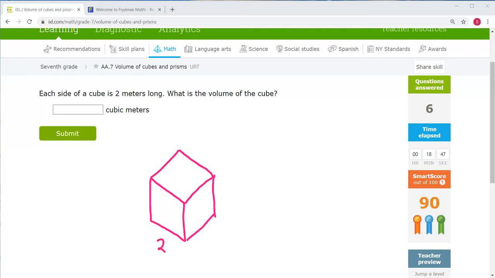So this is 2 meters, this is 2 meters, and this is 2 meters. What is the volume? Again, volume is equal to the area of the base times the height. So the base here is a square. To find the area of the base, we would just do 2 times 2.